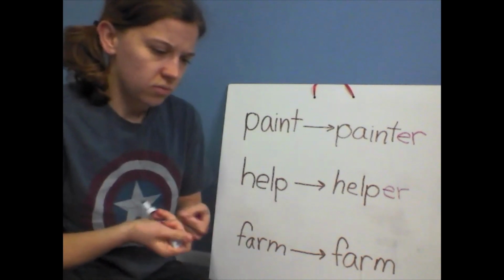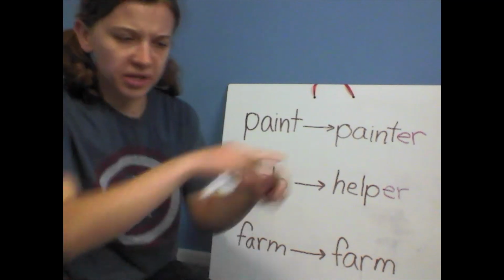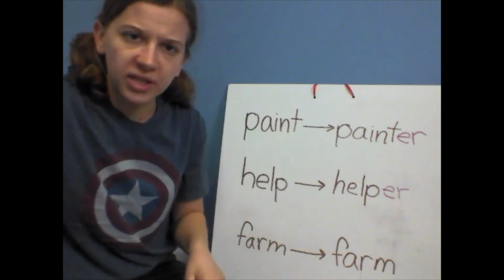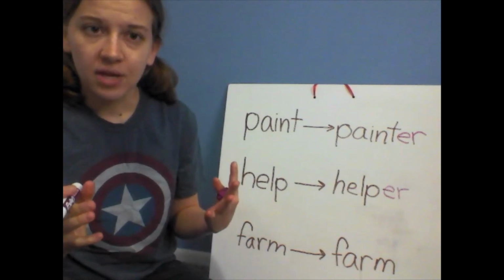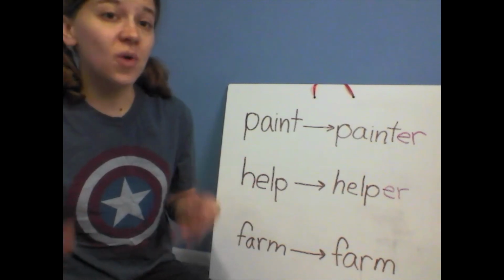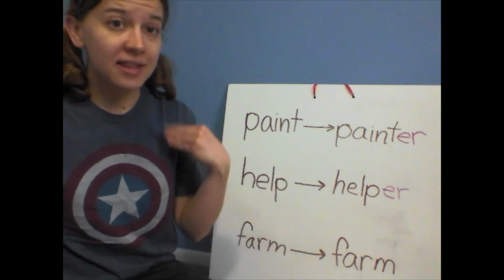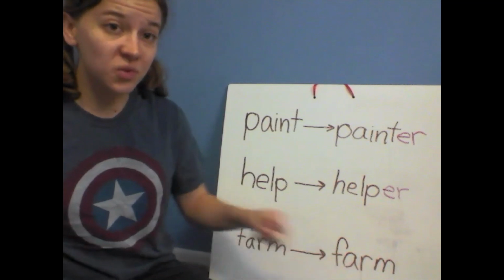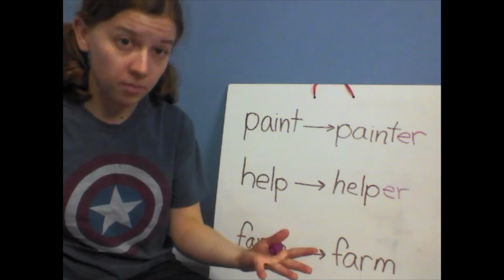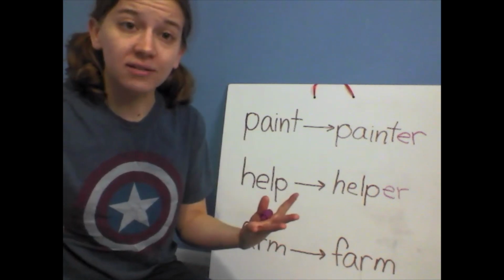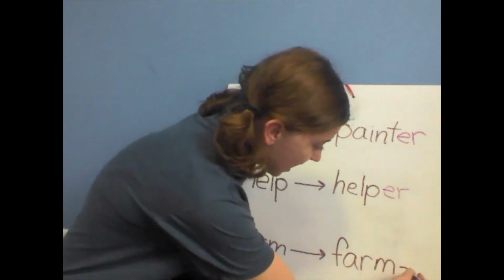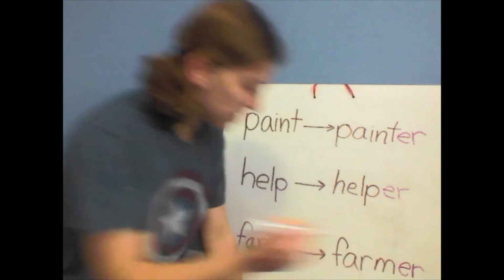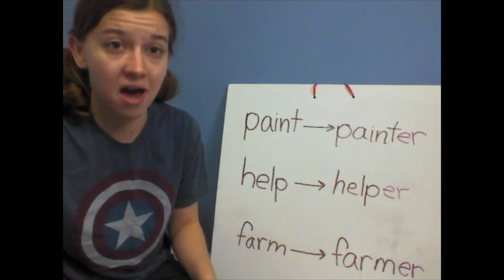Maybe you have to dig, plant some seeds, water the plants, take care of the animals, things like that, when you farm. But if we add an ER to the end of the word farm, that makes it farmer, and that is a person. A person is a farmer. That makes it a noun, right? That makes it a noun.